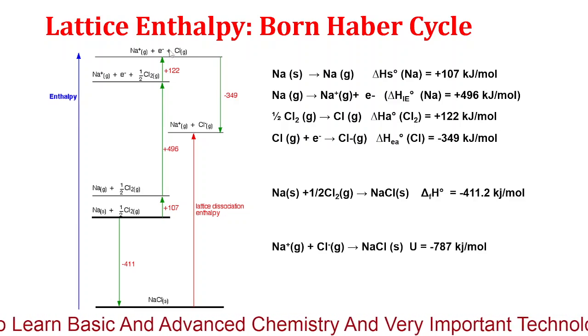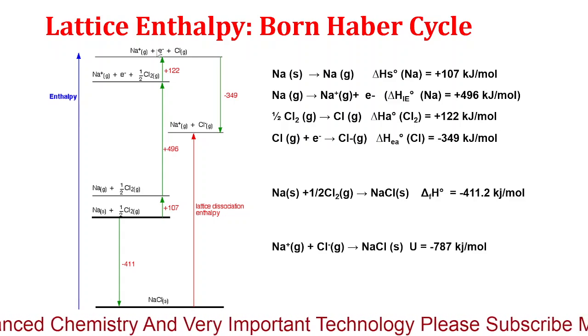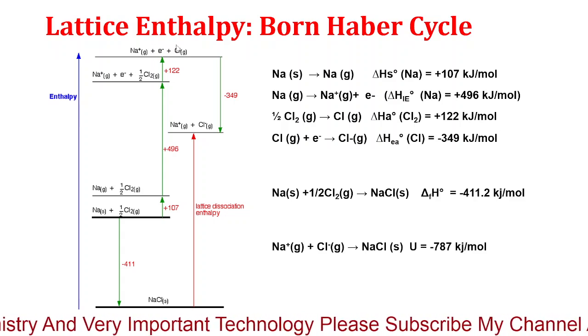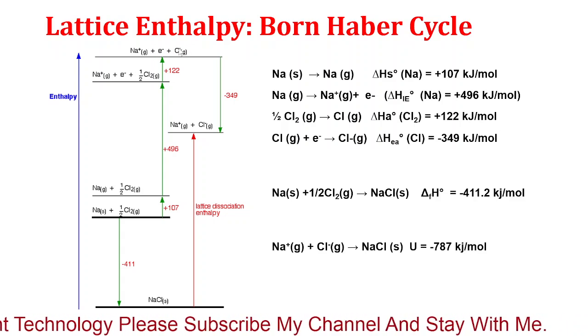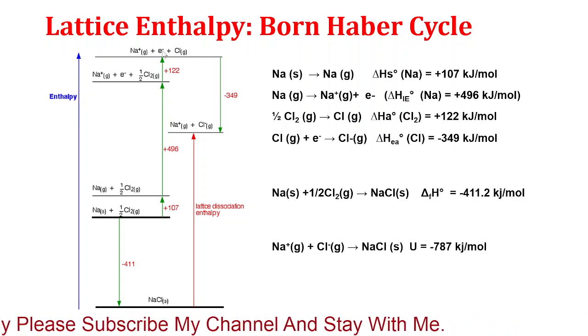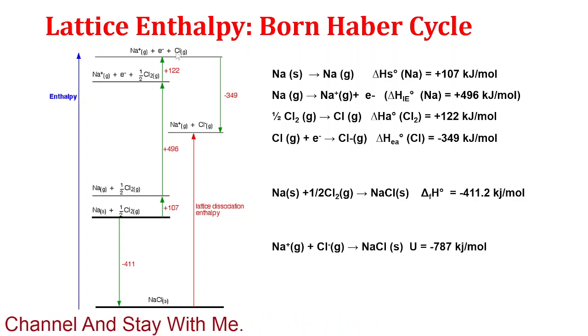Then what will happen? This sodium plus and this electron will be attracted by this chlorine to form chloride minus. So when this electron is attracted by this chlorine, it releases some energy, because chlorine at atomic level is not very stable.